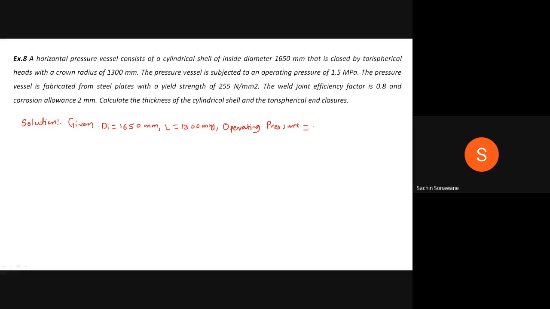Pi is the design pressure. The operating pressure is 1.5 megapascal. Then the yield strength is given, Syt is equal to 255 Newton per mm square. Then the weld joint efficiency is given, eta is 0.8, and the corrosion allowance is given as 2 mm.